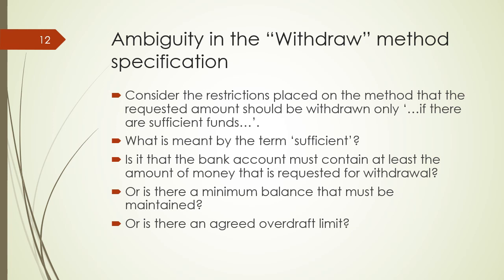Is it that the bank account must contain at least the amount of money that is requested for withdrawal, or is there a minimum balance that must be maintained, or is there an agreed overdraft limit? So the natural language specification about the method withdraw is incomplete and leads towards different interpretations.